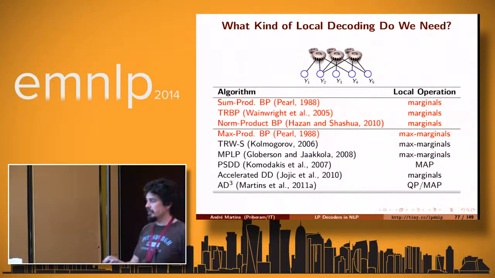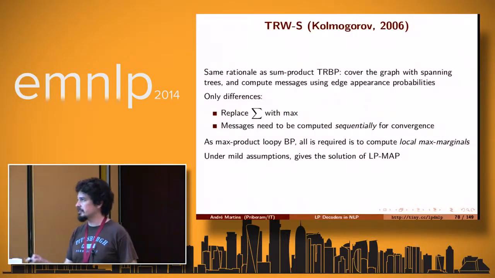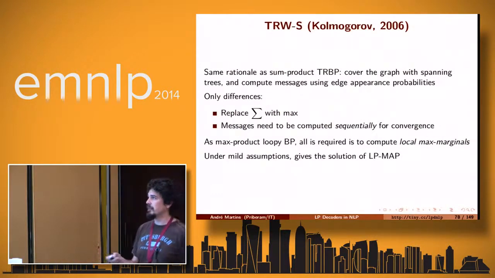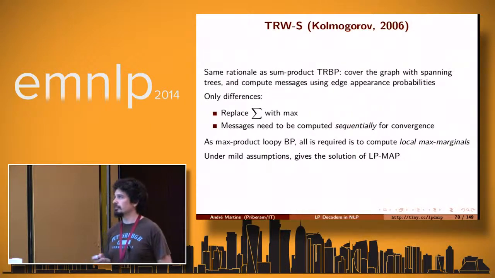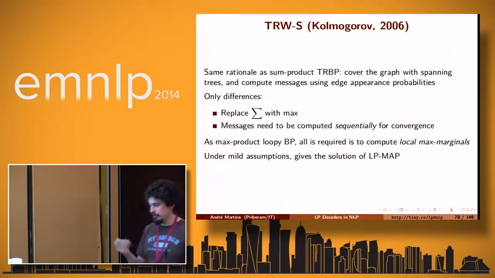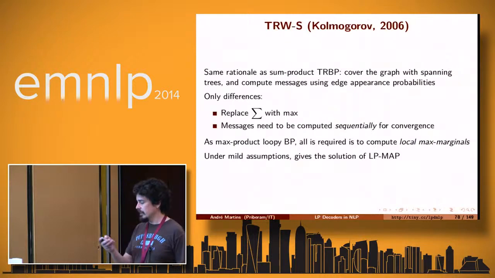All right, so one such variation is the tree-weighted sequential algorithm, TRWS, proposed by Kolmogorov in the context of vision problems, where the rationale is the same as in the sum product TRBP. So basically, we define a covering of the graph with spanning trees, and then we compute the messages by exponentiating with the edge appearance probabilities.